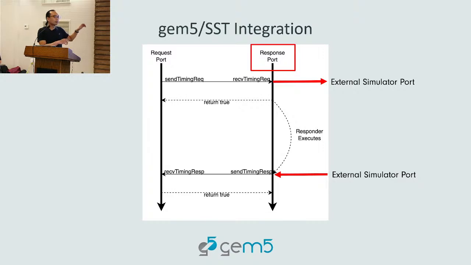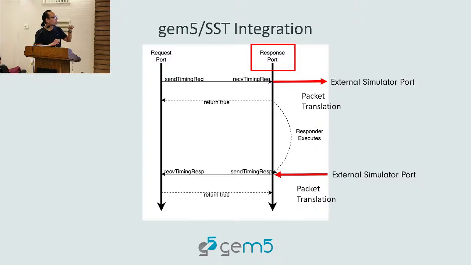When you communicate between gem5 and the external simulator, you have to translate the packet format or event format of gem5 to the other simulator, and this is where that should happen.